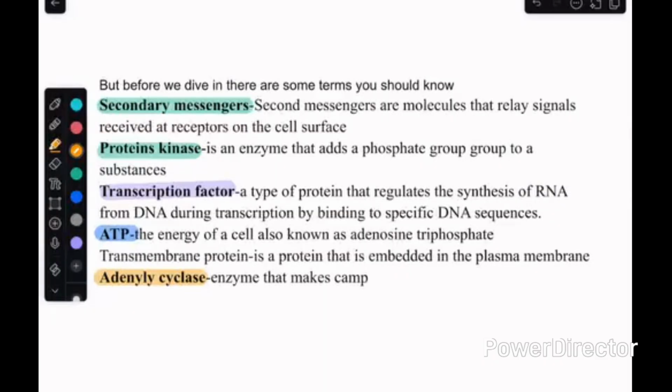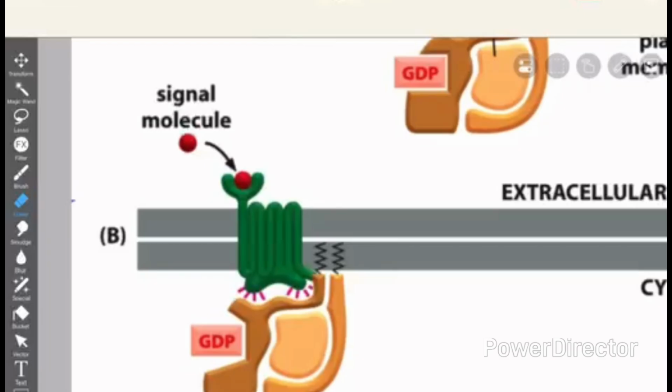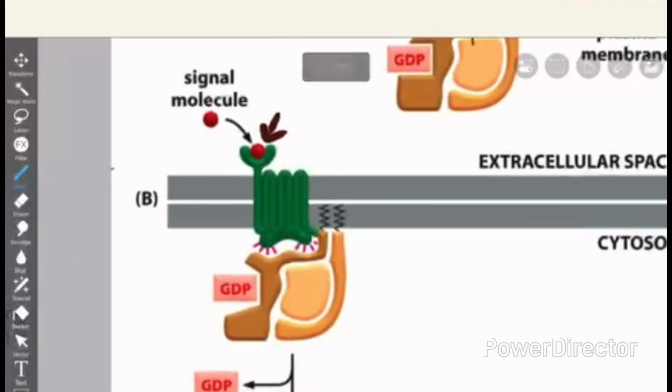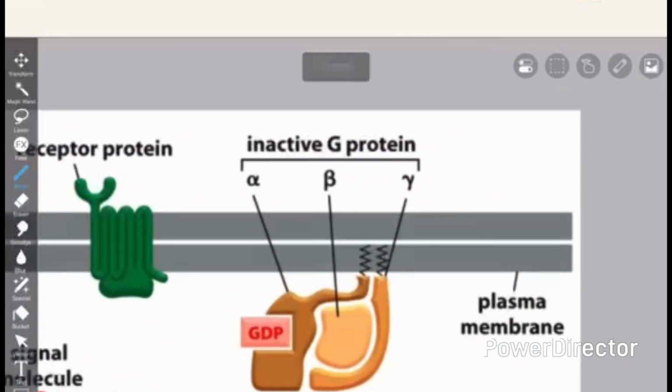So, G protein-coupled receptors are transmembrane proteins found in plasma membranes. After a signal molecule binds to its receptor, the GPCR, or the G-coupled protein receptor, will seek out a G protein. Fun fact, G proteins are called heterotrimeric proteins because they are composed of 3 subunits, an alpha, beta, and gamma subunit.